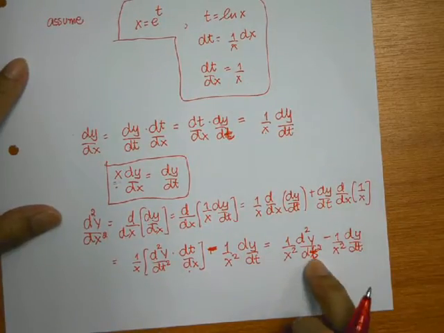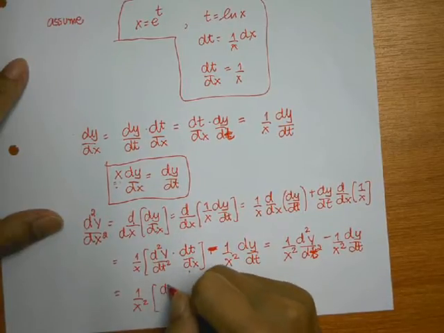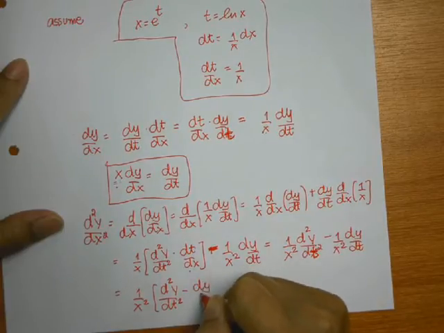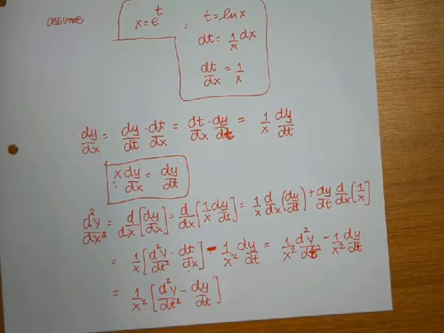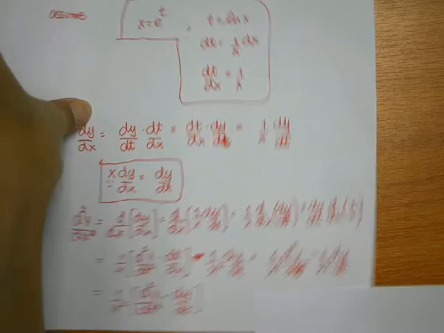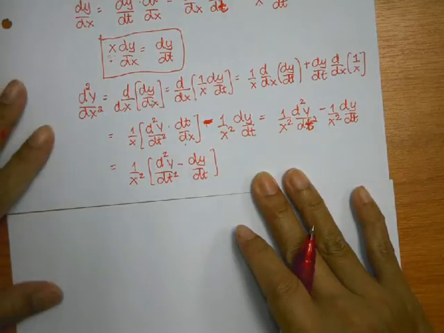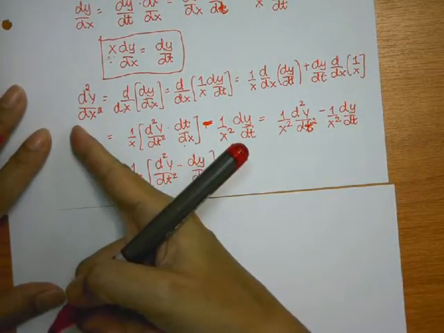I take 1 over x squared out, which is equal to... I put x squared on the left hand side.